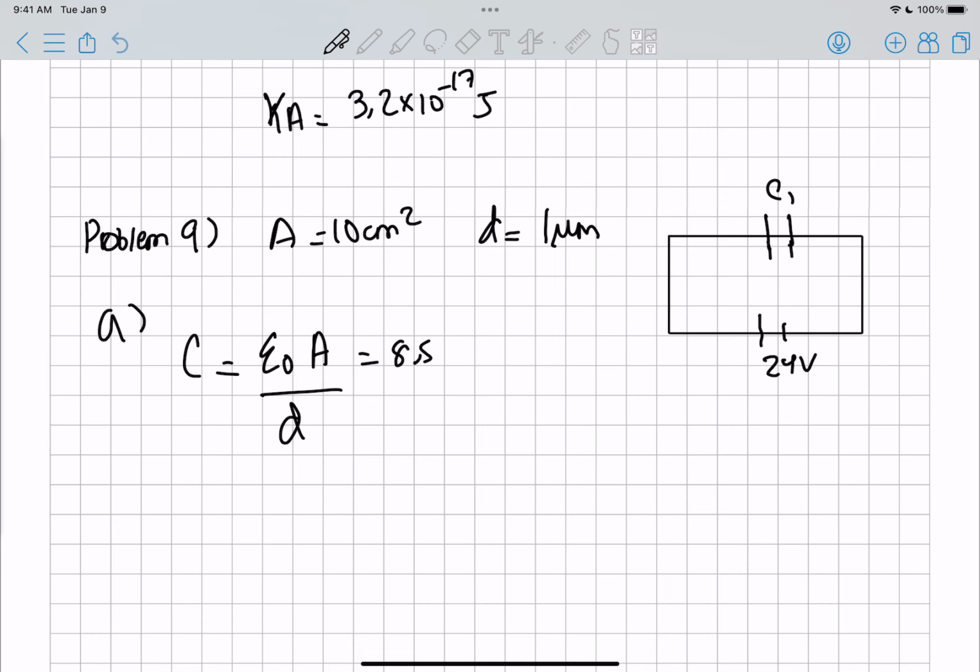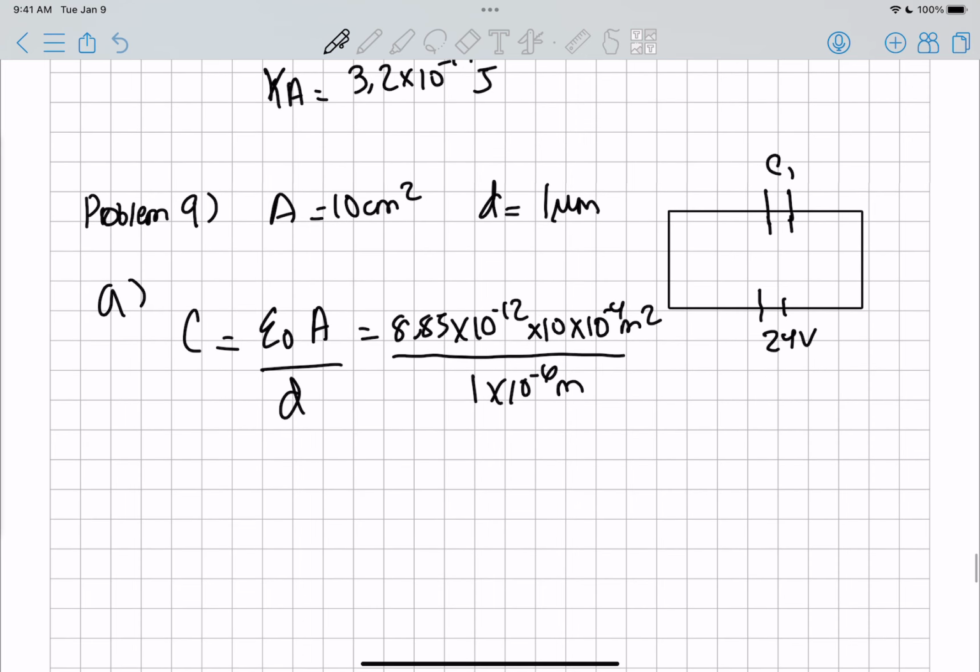So this is your 8.85 times 10 to the negative 12 times your area, which is 10 centimeters squared. You want to convert that to meters squared, which is 10 times 10 to the negative 4 meters squared, divided by the distance, which was 1 micrometer, so 1 times 10 to the negative 6 meters.